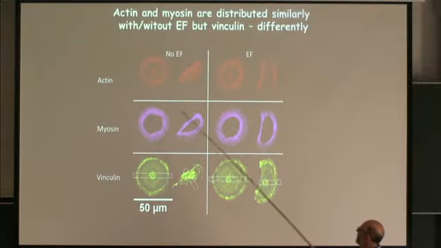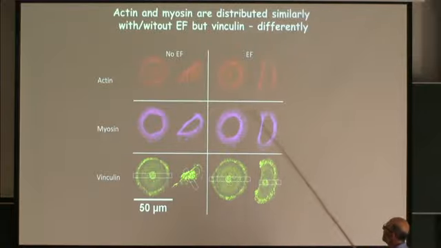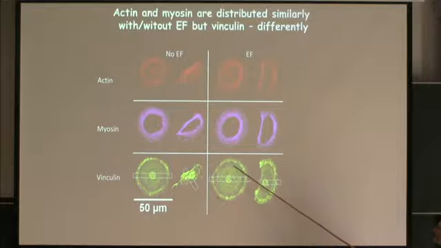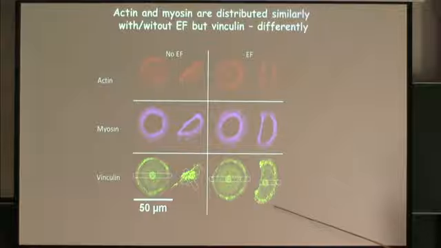Myosin is distributed similarly in motile state and in the stationary state. But adhesion proteins, vinculin among them, is distributed the same in stationary state and differently in the motile state. In the motile state, all the vinculin is blown to the rear of the motile keratocyte. But in the motile keratocyte in electric field, the vinculin creates this bright rim at the leading edge of the cell.